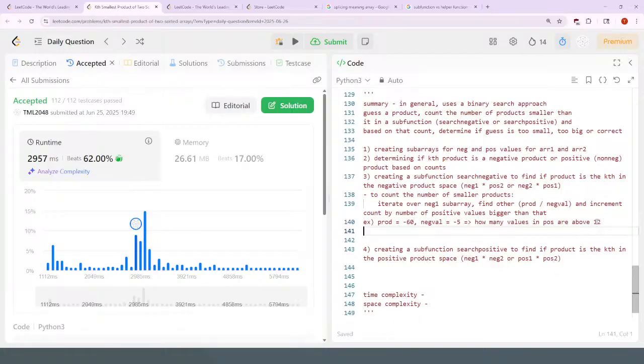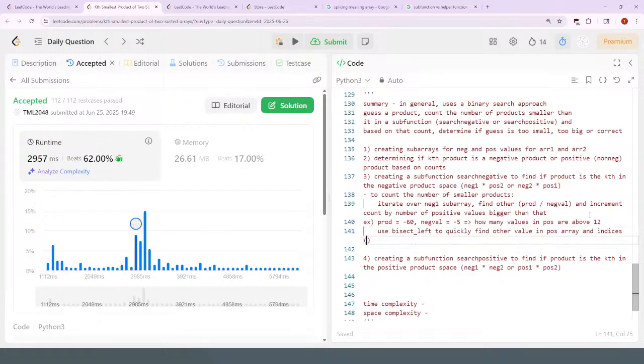And you use bisect left to quickly find the quotient, or the other value, in the positive array, and use indices to determine the count of values, particularly the length of the positive array minus the index that you find.